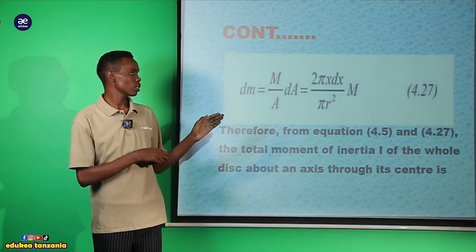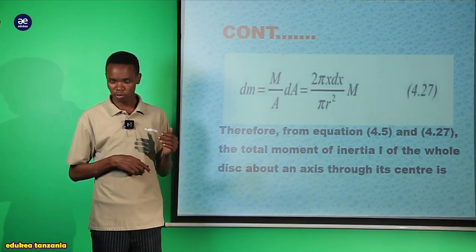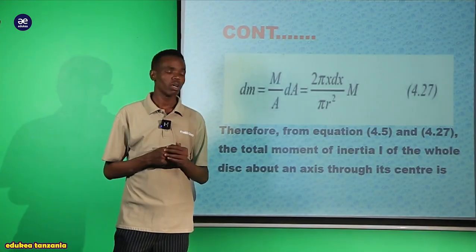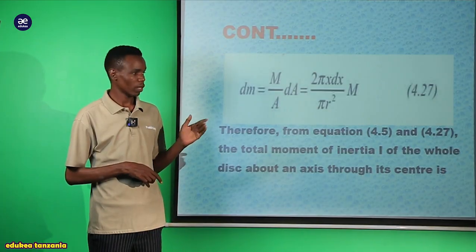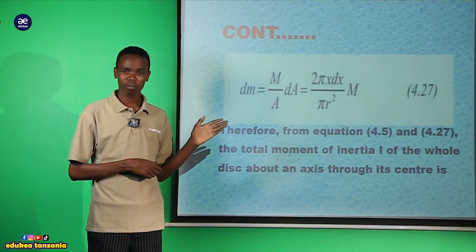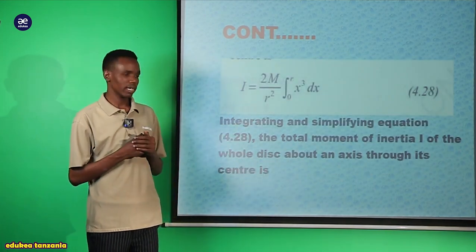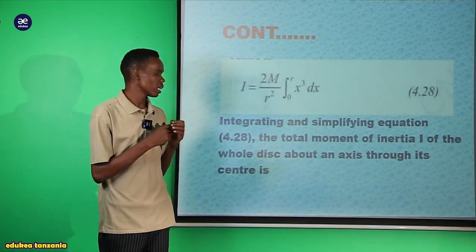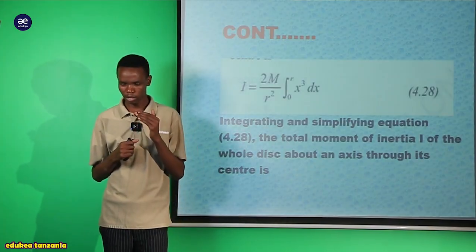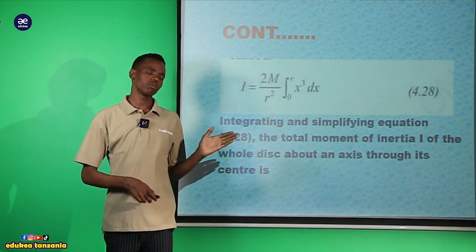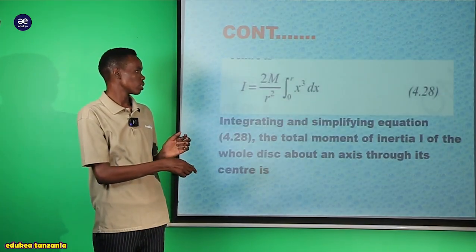After that, what we are going to do here is integrate. How are we going to integrate so as to determine the value of dm? It means the value of this dm, and at the end of the day we go and substitute it there. So here, as we know, the moment of inertia must be equal to dm times the distance square. But we have already obtained dm here. Now we will take this one and substitute it there.